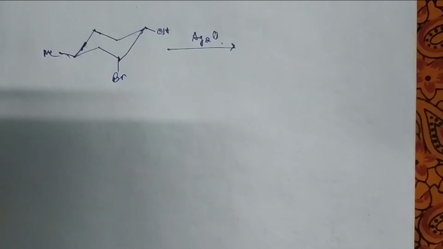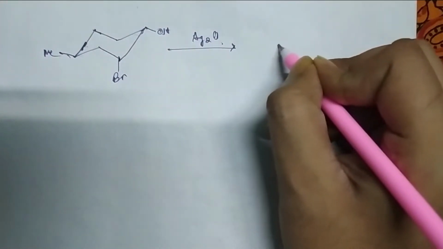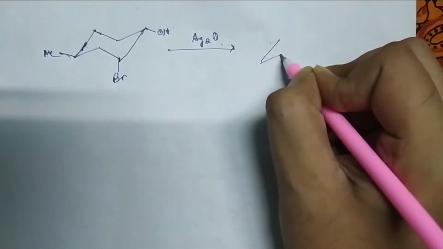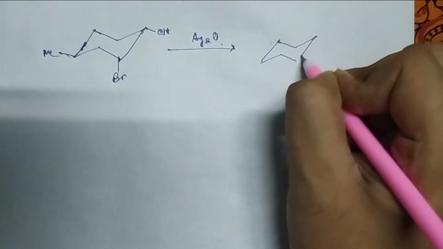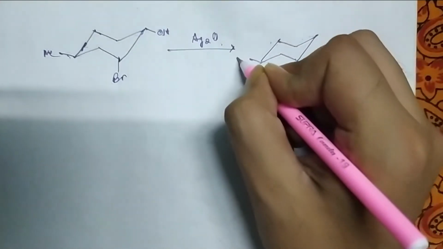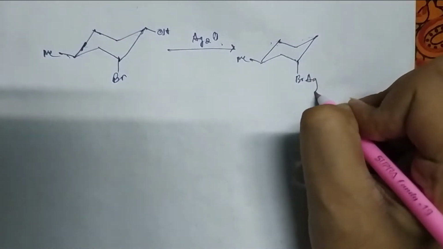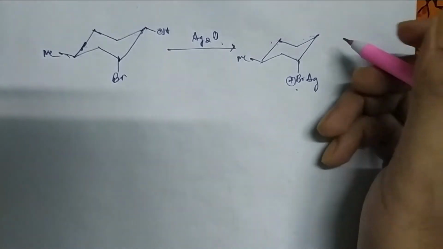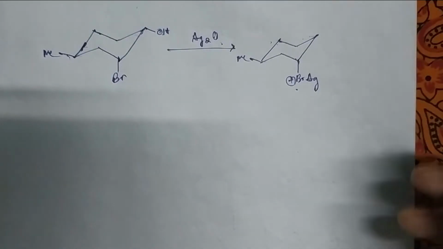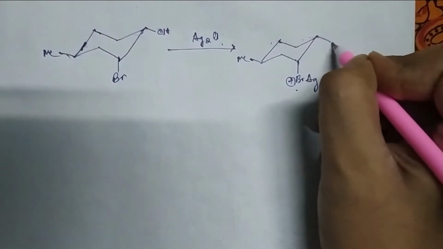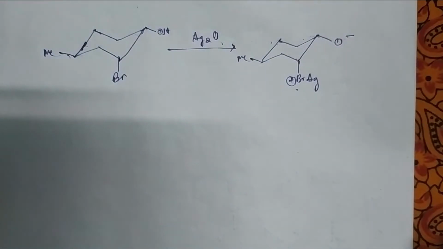So what happens is that at first Br is converted into a good leaving group by attaching with silver, and after that the alcohol is deprotonated.